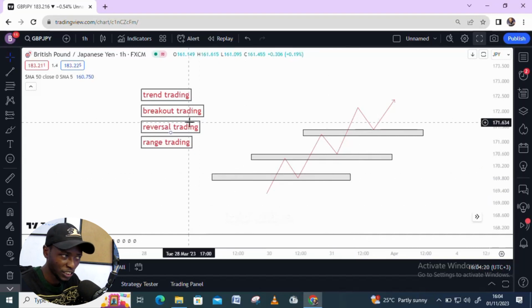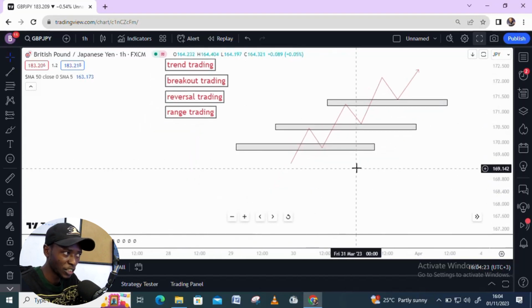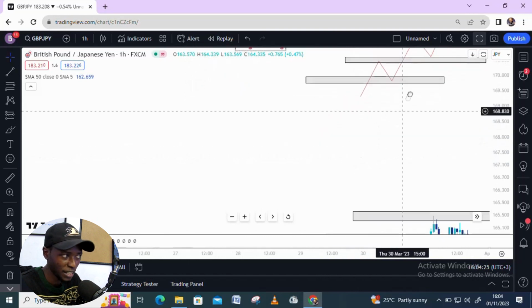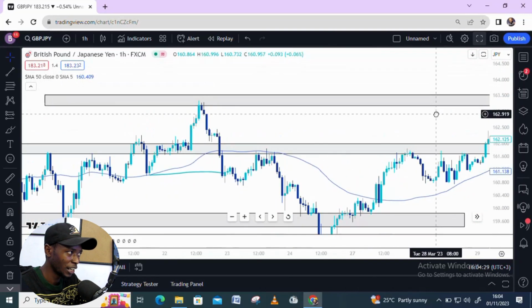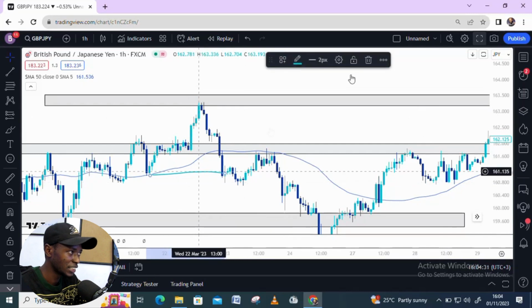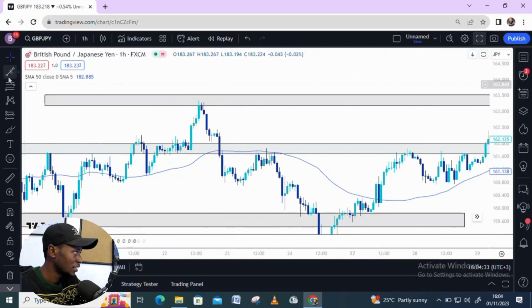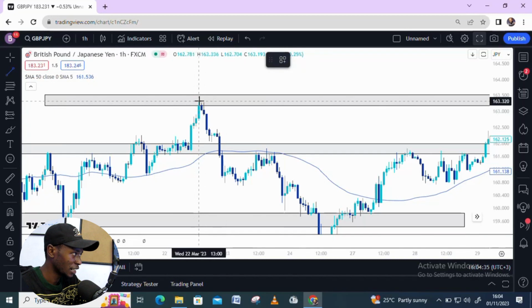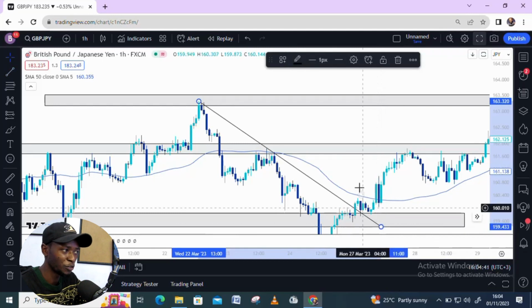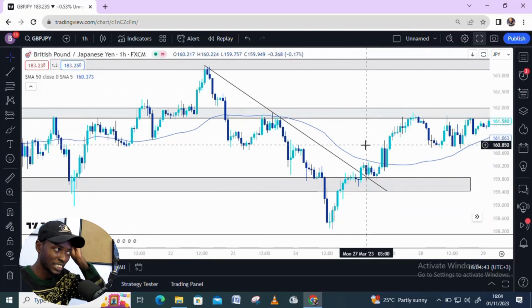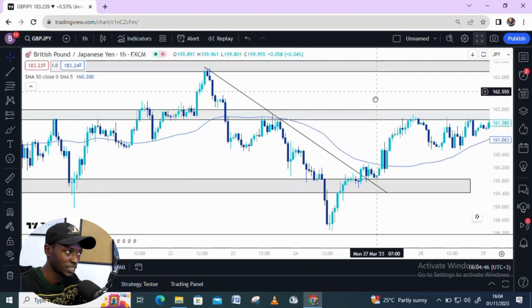So for breakout trading, we go to that same example, to our same example where we identified our trend. This was our identified trend line. So for the second way of using it, what is breakout trading?